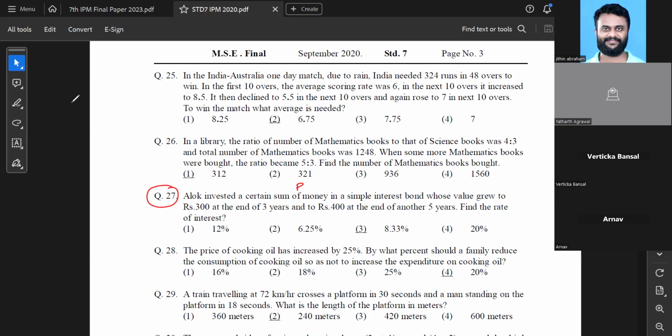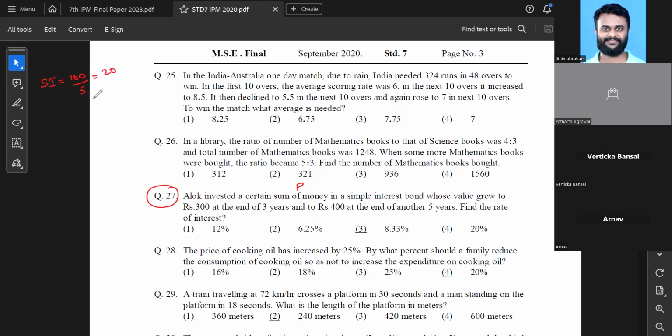So how much interest did he get in 5 years? Simple interest he got was 100 in 5 years. So all I have to do is find the rate of interest. So simple interest in 1 year is 100 divided by 5.